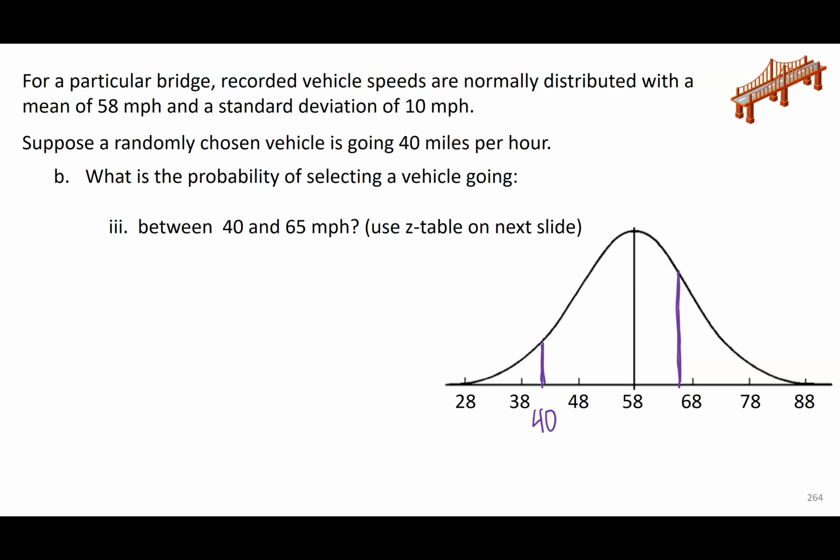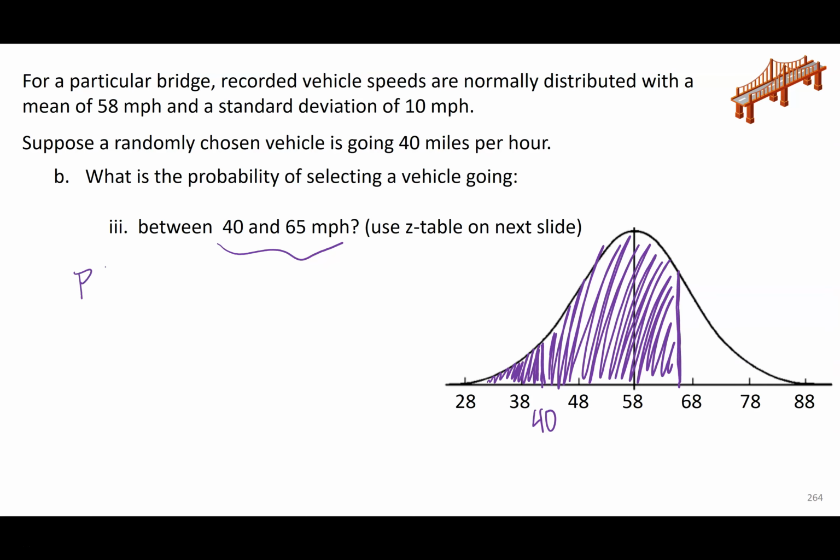So just to illustrate here, if I want the probability that x, because x is the speed, is between 40 and 65, I can rewrite this as the probability that x is less than 65 miles per hour, minus the probability that x is less than 40.